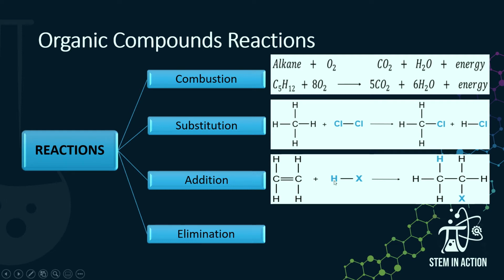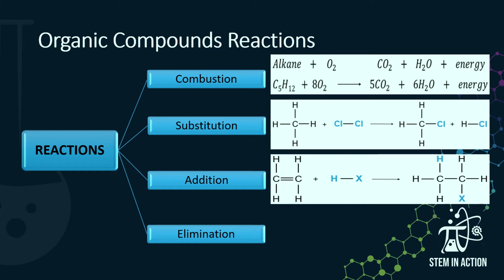In this case, we are adding a hydrogen that is bonded to an X, where X can represent either an atom or a group of atoms, as we shall see. What simply happens is that you add them across the double bond. This hydrogen goes to one carbon, the X goes to the other carbon. We are going to look at some preferences that happen with such reactions.